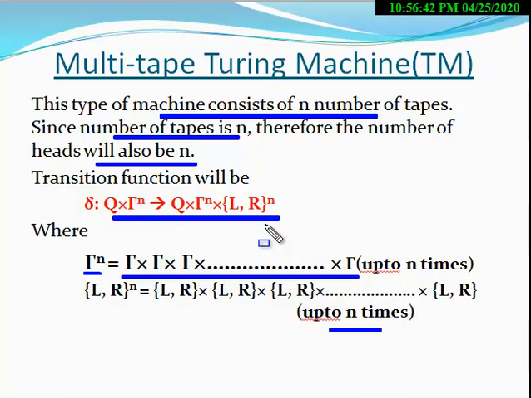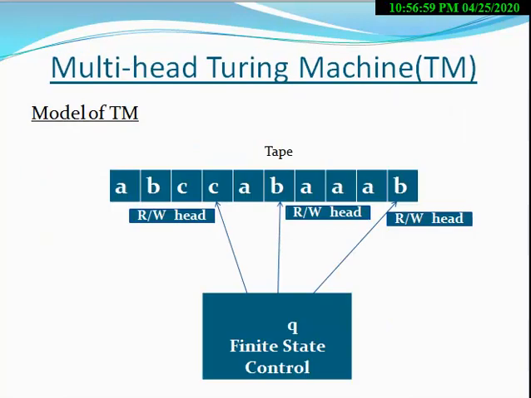Now let us come to the next type of Turing machine. This is the multi-head Turing machine. Here the model of a multi-head Turing machine is shown. From the name, it is clear that in this type of machine, many heads will be used, that is, more than one head, right?